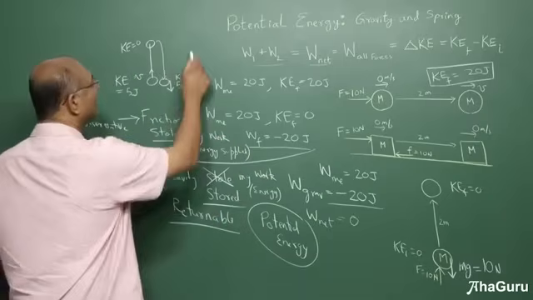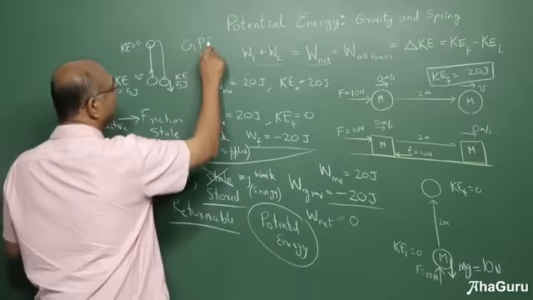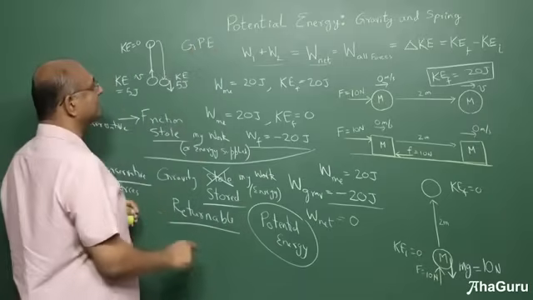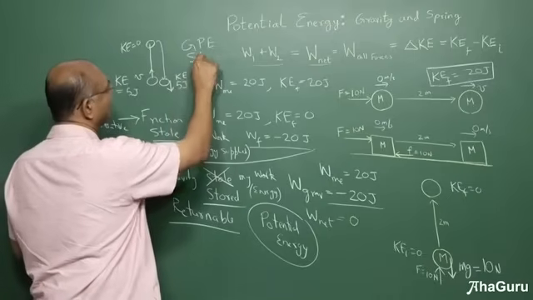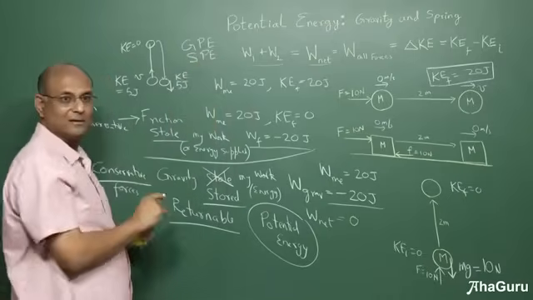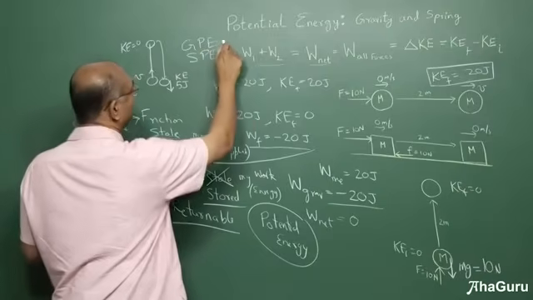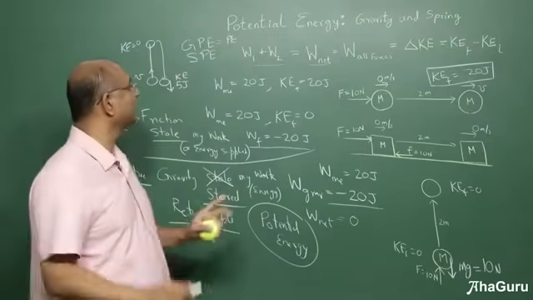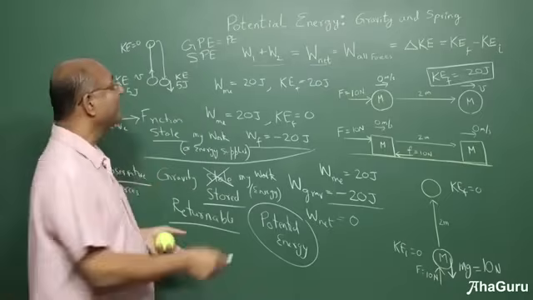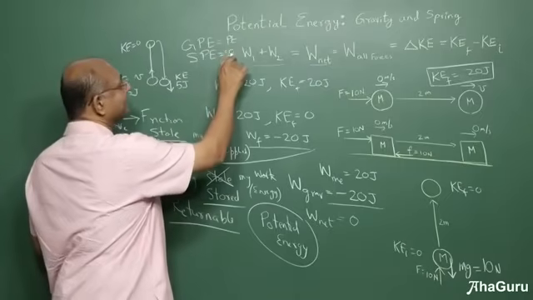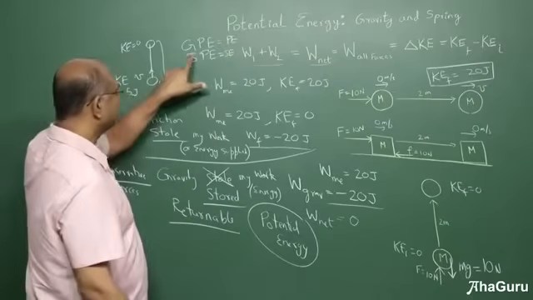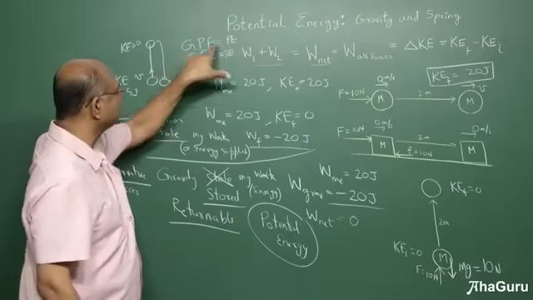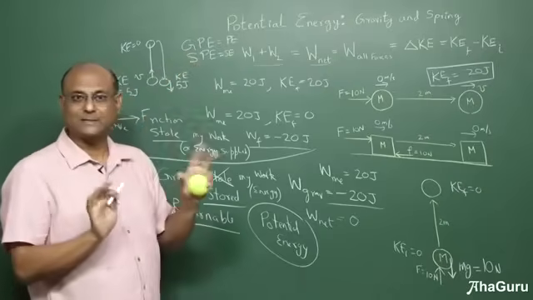So in principle, we should be calling it GPE, gravitational potential energy, spring potential energy. But instead, I'll just call this PE. So what does PE mean? Gravitational potential energy. Then for spring energy, I'll call it SC, spring energy. But the technical way to write it is gravitational potential energy, spring potential energy. So I hope that is clear.